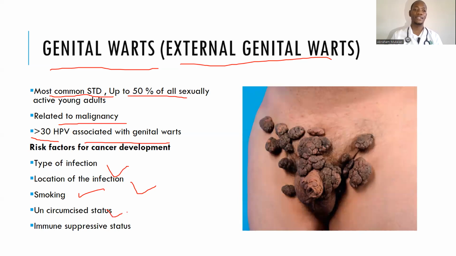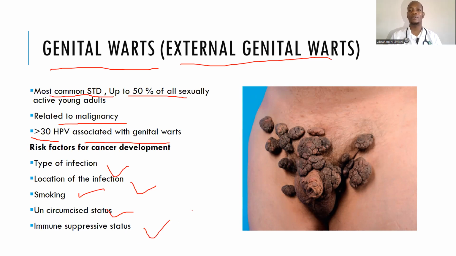Then the circumcision status: if someone is circumcised, we remove the prepuce or the foreskin, so the remaining skin becomes tough, and the turnover becomes less as compared to someone who's not circumcised. And we know that cancer loves areas where the cells are rapidly dividing. That gives ground for committing errors.